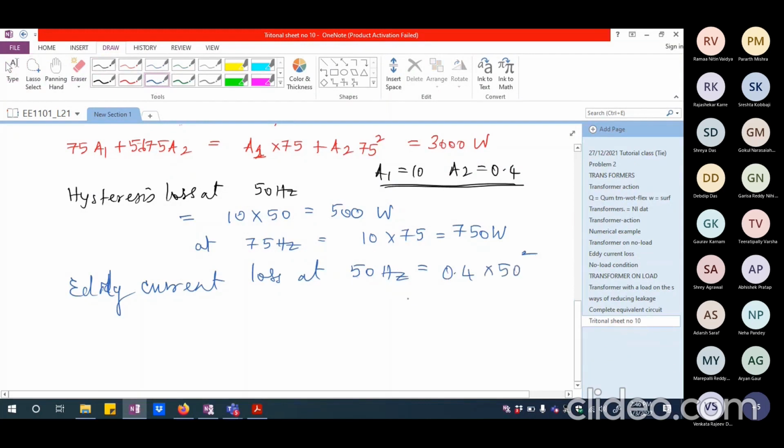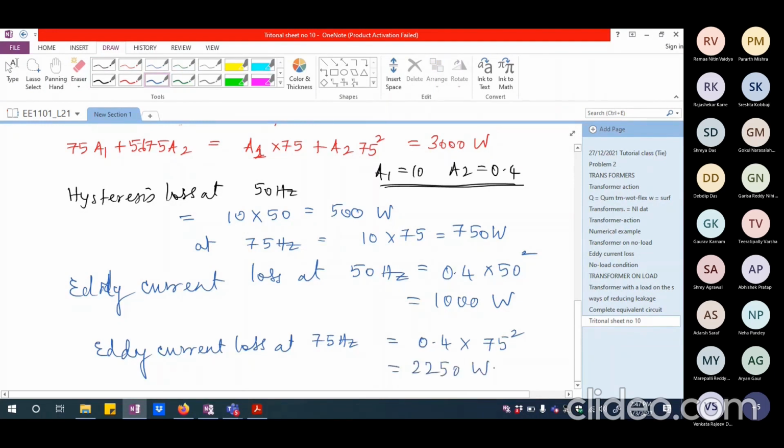So that will be 1000 watts. And if I do the other one, eddy current loss at 75 Hertz, that is going to be 0.4 multiplied by 75 square.